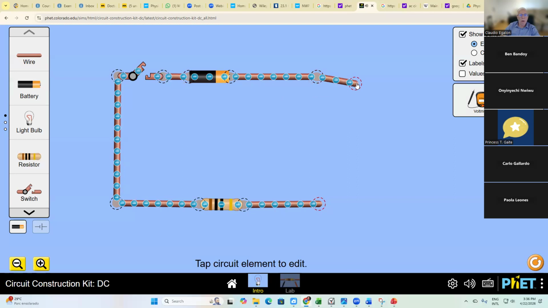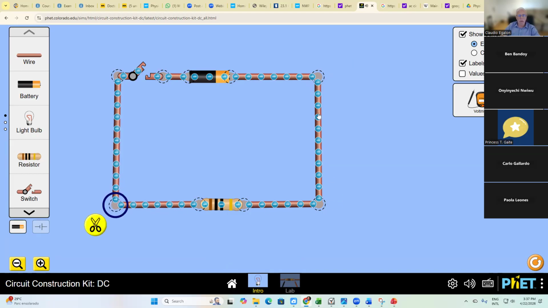And a final wire. Here you go. That's how the circuit looks like. The bluish circles are the electrons, which have negative charges, right? That's the circuit that we put together.